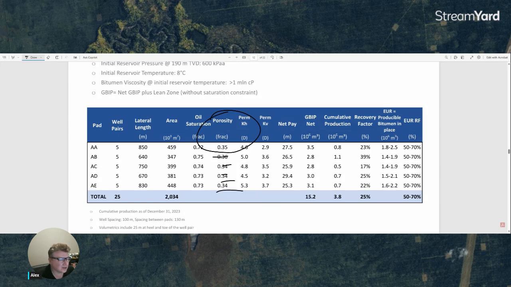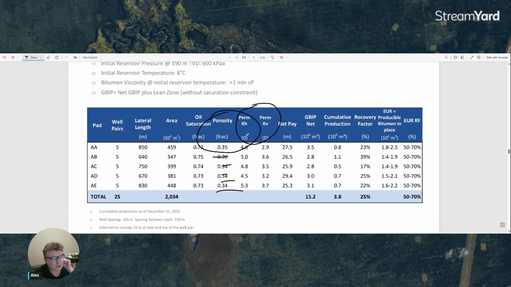And what are those openings by which the fluid can flow through? Those minute openings, those little caverns, miniature caverns, which define that porous space, and where we define permeability, which you can also see here. So perm kh, kv.